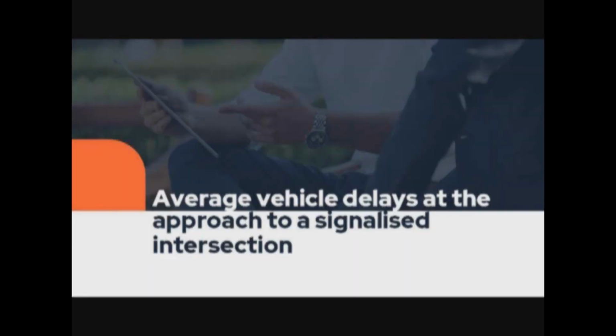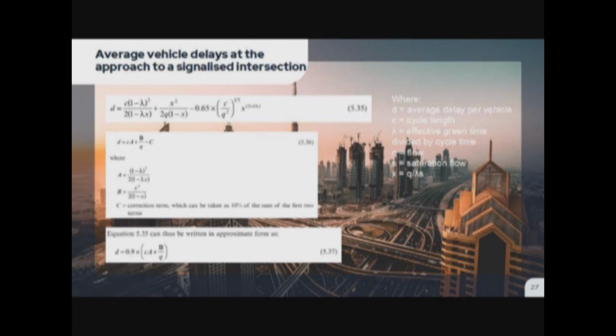Then we have the average vehicle delays at the approach to a signalized intersection. Webster in 1958 derived the following equation for estimating the average delay per vehicle at a signalized intersection.